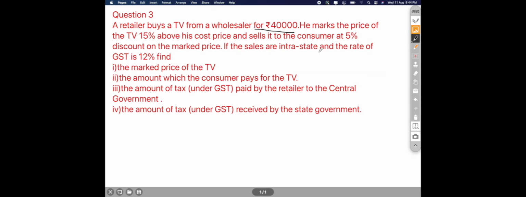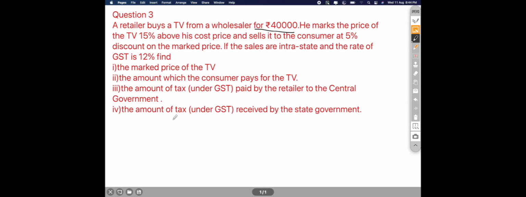If the sales are intrastate and the rate of GST is 12%, find number 1, the marked price of the TV, number 2, the amount which the consumer pays for the TV, number 3, the amount of tax under GST paid by the retailer to the central government, and number 4, the amount of tax under GST received by the state government.